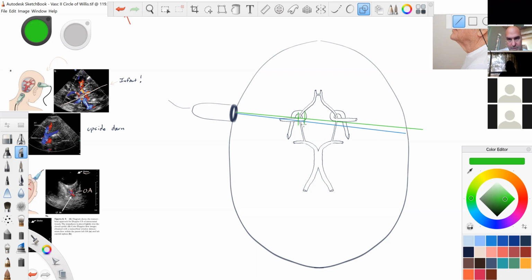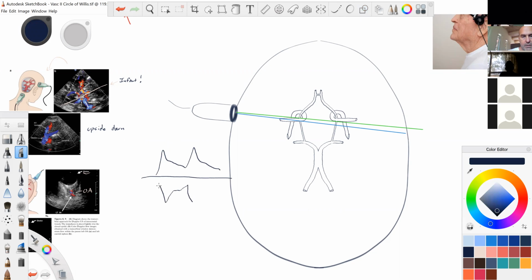But from this position, I'm going to remove that gate there. We have a waveform that can look a little bit like that, and then a baseline. A little bit like that.